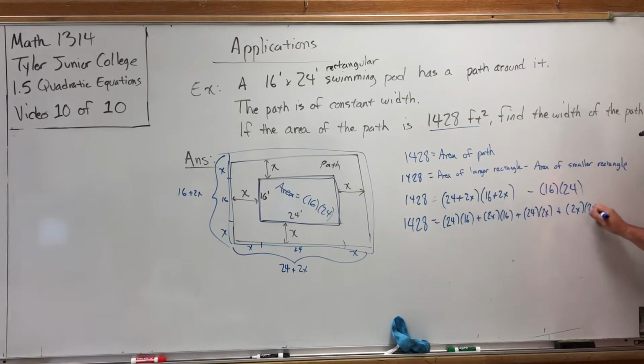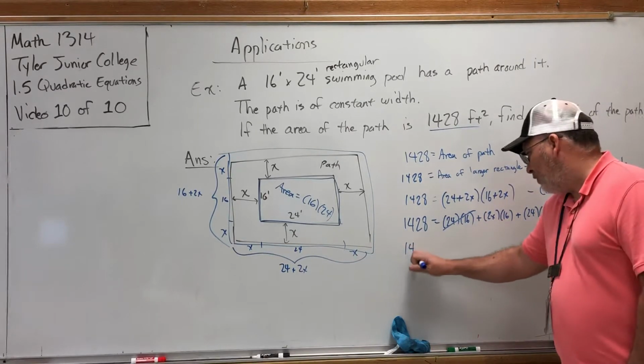And then we still have this minus 16 times 24. Do you see why I no longer need to worry about what 16 times 24 is? Because whatever the answer is here is going to match this one, and these are going to cancel.